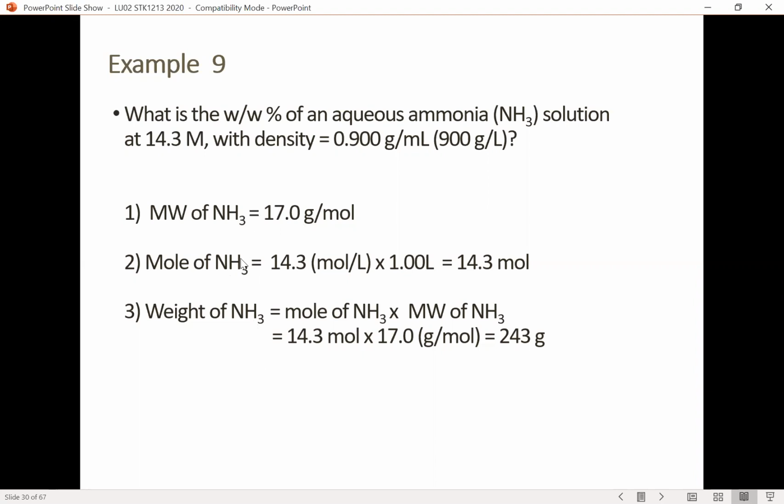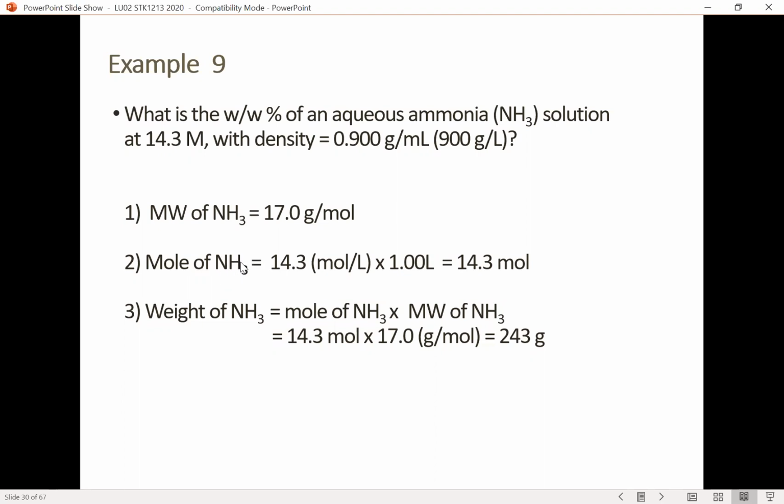From mole of NH3, you can find out the mass of NH3. Step 1 and step 2, we have already done in our discussion for some of the examples for molarity just now. Mole is equal to mass per formula mass. So from here, you get mole.